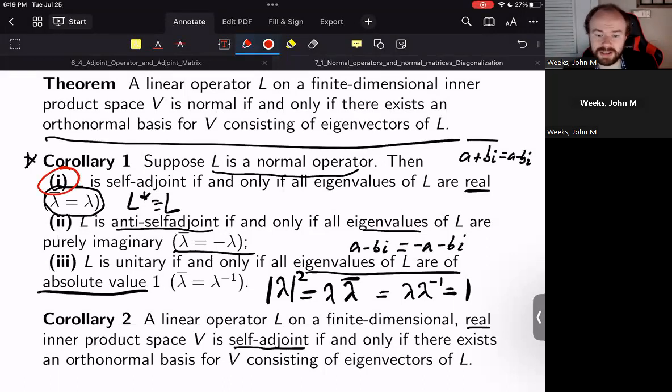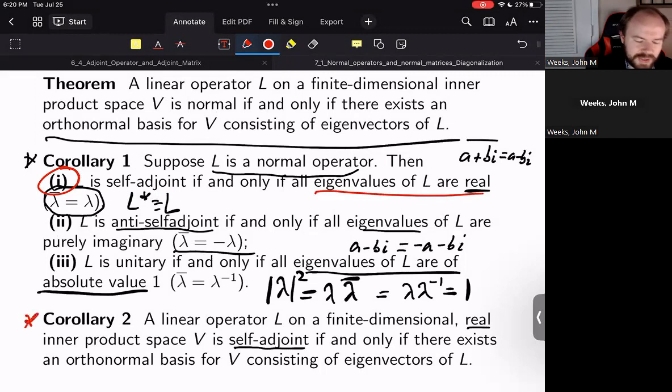Because whenever we take a look at a self-adjoint operator on a real inner product space, we're automatically going to have all of our adjoints. We're going to have eigenvalues and enough of them to work through this, thanks to the fact that it is a normal operator. So we have an orthonormal basis for V consisting of eigenvectors of L, and our eigenvalues are all already real. So we could go backwards as well, because any eigenvalues that you have are already real. So that is going to give us that we automatically have a self-adjoint operator whenever we can be looking at all of these eigenvalues.